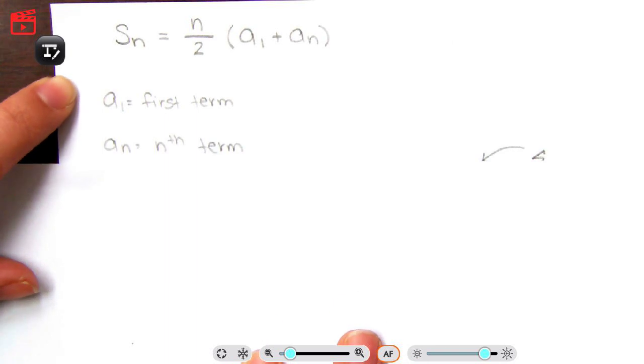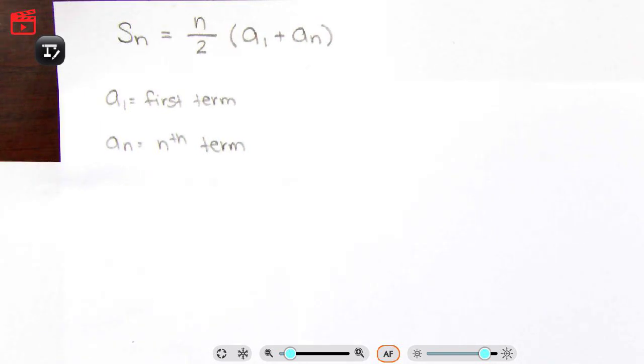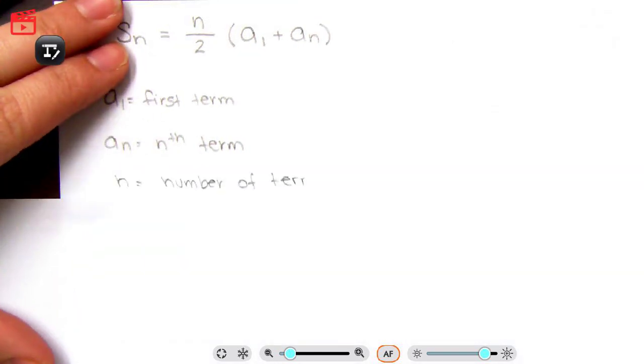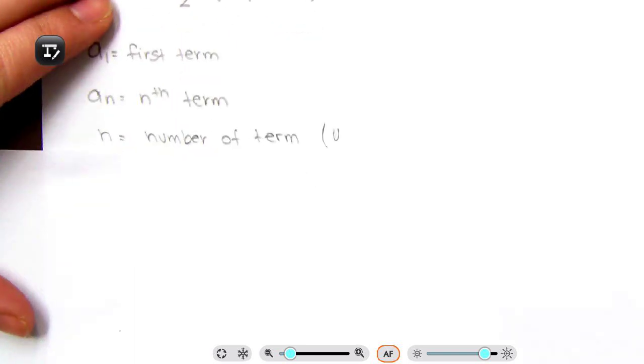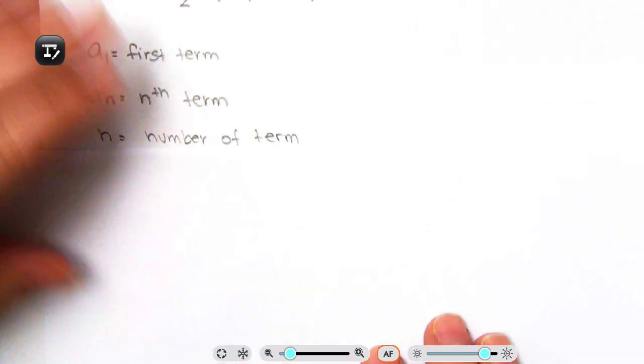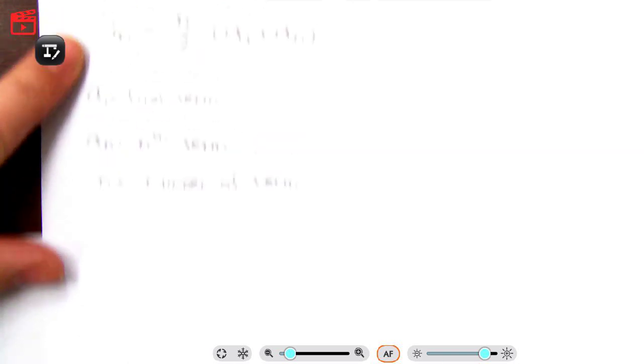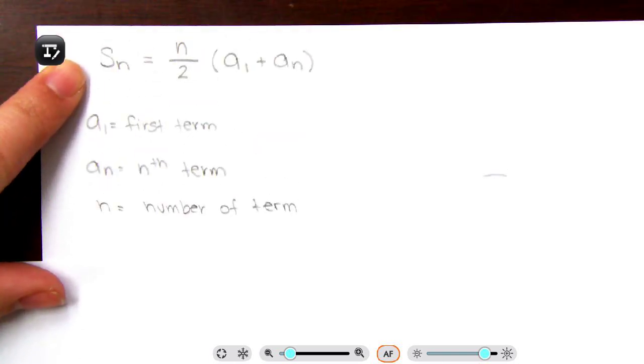A sub n is our nth term. N is the number of terms. And then S sub n is the sum.